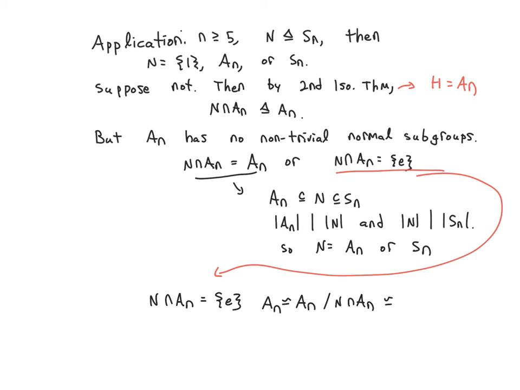By the second isomorphism theorem, that's equivalently AN times N mod N. So of course, again, we have AN is a subgroup of AN times N. If we assume it's a proper subgroup, not equality, then that would imply that this group has to be Sn.